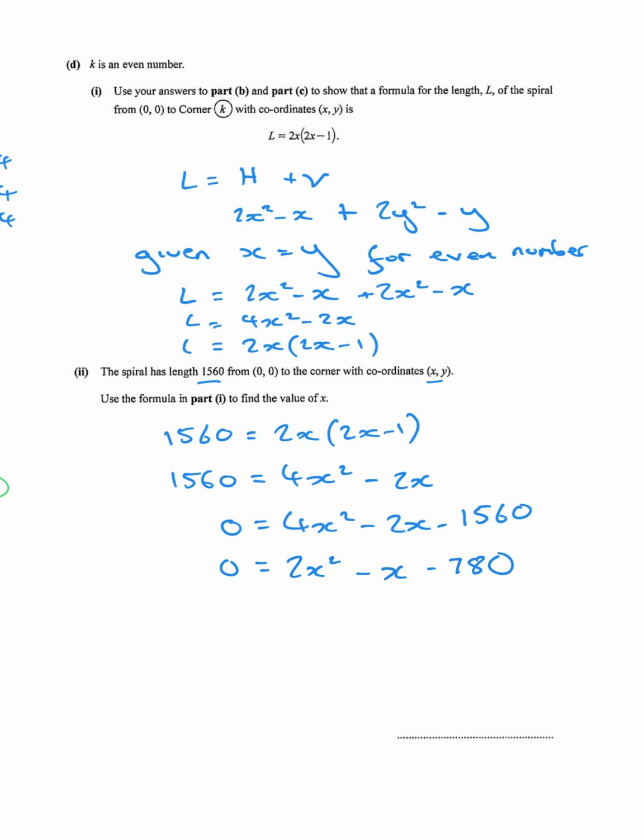I'll put this into the quadratic formula now. If you fancy a challenge, you've got time at the end, then you can obviously try and factorise, and it should go. But using our quadratic formula, we get the first x value as being 20, or the second one, which is minus 19.5. So this is the one we're going to choose. So our answer here is 20. And there we are. That section is now done.